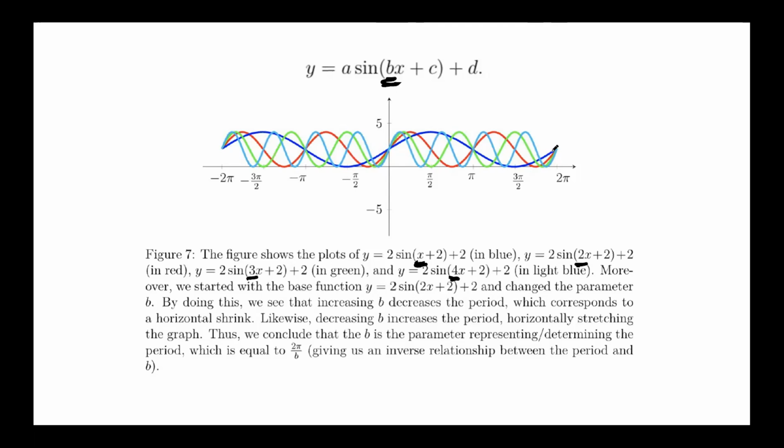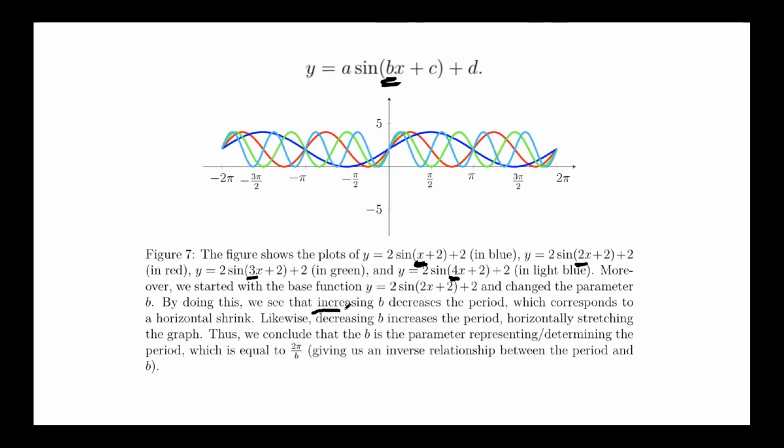It definitely has the greatest period out of all of the functions here. If we move on to red, you can see that the period starts to decrease. So it makes more cycles more often. Then with green, the period decreases even more. And with light blue, the period is the least out of everything.